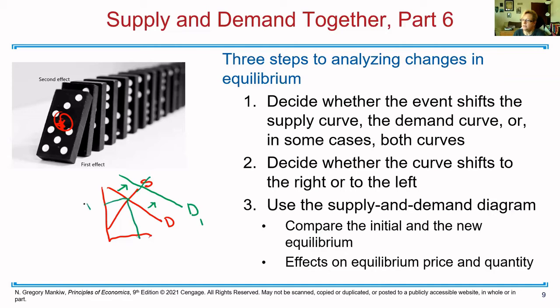So P sub B, Q sub B, right? So the demand curve shifted outward for personal protection equipment. That's our first effect. So the demand curve shifted outward. What's our second effect? The price went up. I should say P1. So the second effect back here is price increases.